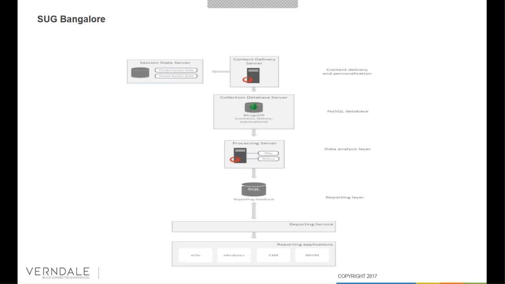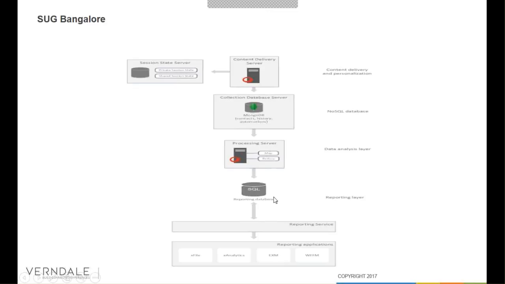In this screen, we have the content delivery server, and the collection database server, which is again a Mongo based NoSQL database. Then we have processing servers, and then SQL. The processing server takes all the information from the collection database and posts it to SQL.